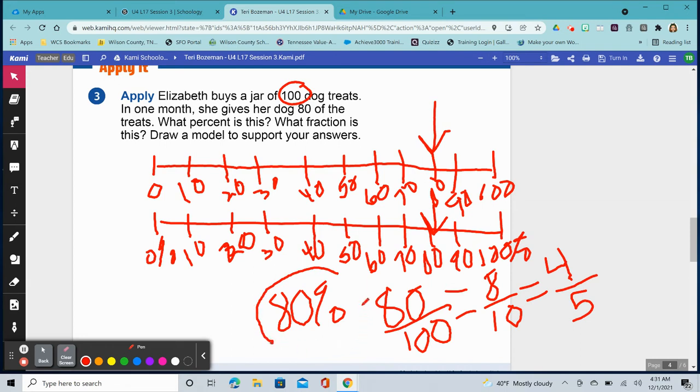That's our percentage. Which is also 4/5 as a fraction. So we have answered the question, what percent is this, as well as what fraction is this? So that finishes up number 3.